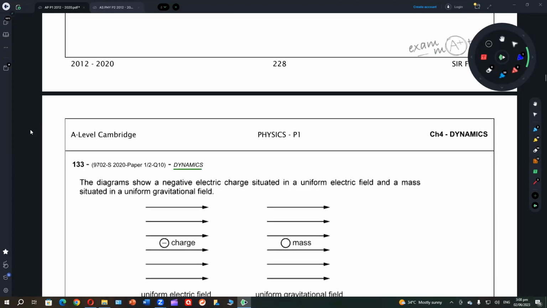Electric field is not in our course, so I can leave this question.